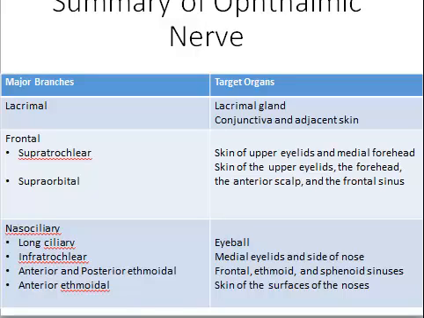And the nasociliary, lots of little divisions of the nasociliary. It's our eyeball, medial, middle of the eyelids, and the side of the nose, but not exactly the ala of the nose. The sinuses, frontal, ethmoid, and sphenoid sinuses, and the skin of the surface of the nose.